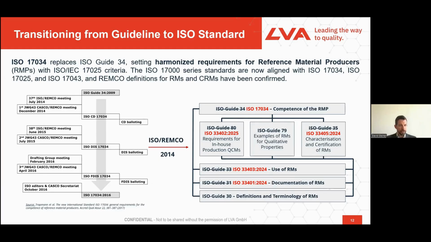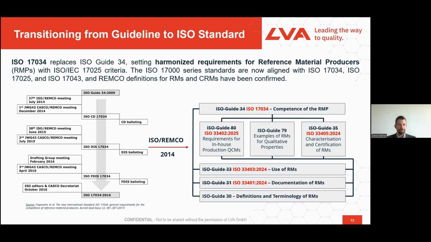This resulted in the publication of the ISO 17034, which now defines the competence requirements for reference material producers. One major advantage of this transition was the alignment with other standards from the ISO 17000 series, especially the ISO 17025. This means that laboratories already accredited under ISO 17025 could integrate their existing quality management system and mainly focus on implementing the additional technical requirements specific to reference material production.